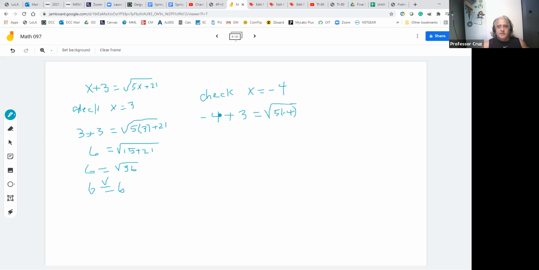What worries me is this over here is going to be a -1, and there's no negative sign in front of this, so I'm already suspicious again.